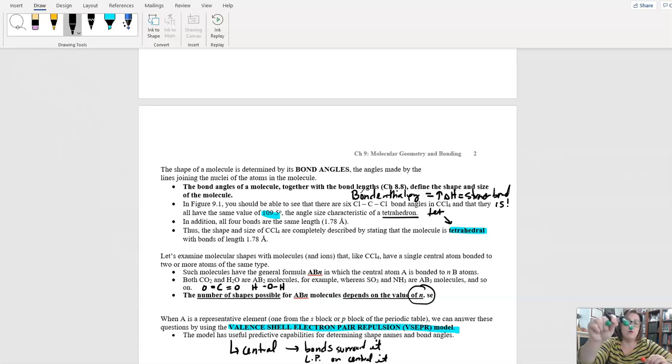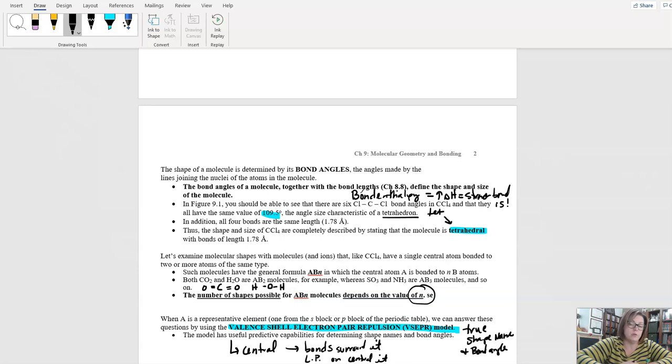This carbon has no lone pairs on it, but this oxygen has 2 lone pairs. So the more lone pairs you have, the more it's going to change the shape. So we call this model VSEPR, valence shell electron pair repulsion. And this model tells us the true shape name and the true bond angle for any molecule that we use.